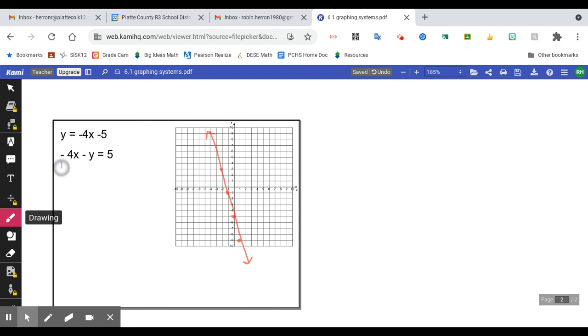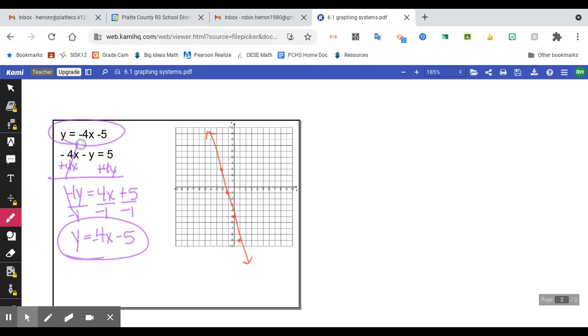So I have +4x going over here. Gives me -y equals 4x plus 5. Then I've got to divide by -1, which makes everything its opposite. So 4 becomes -4, and 5 becomes -5. And look what happens. They become the same line. So if I try to graph the exact same line over top of this one, they're going to match up at every point. So we have infinite solutions.